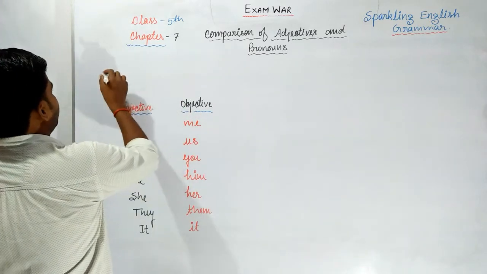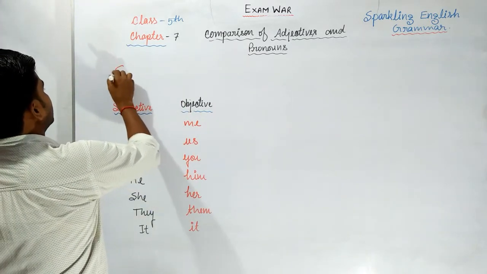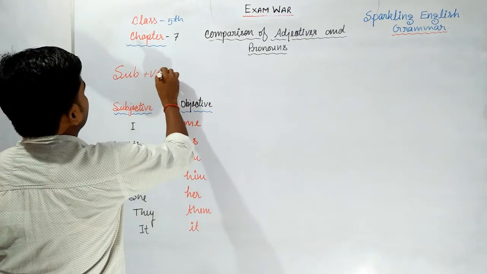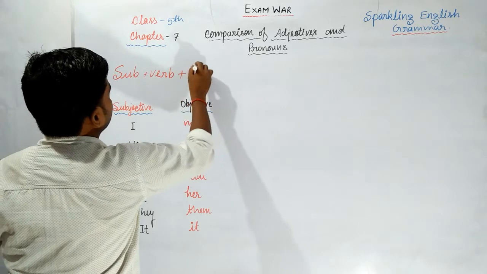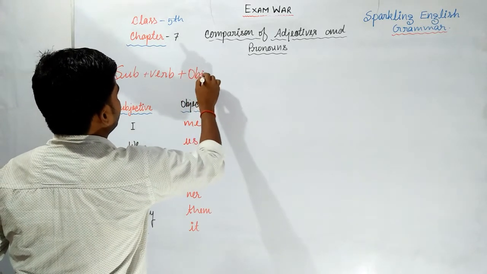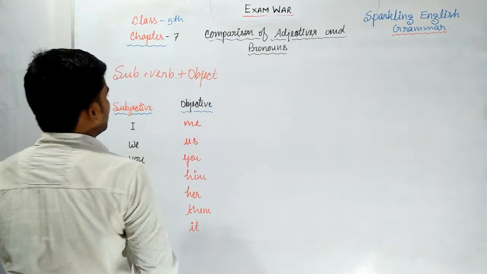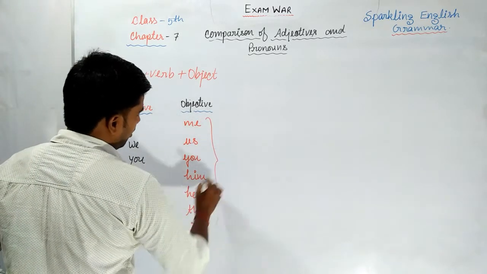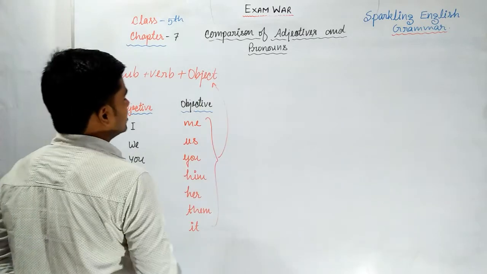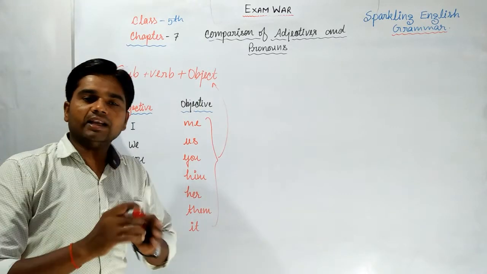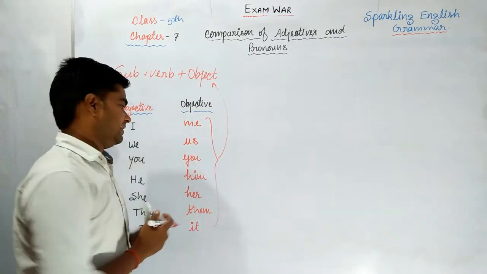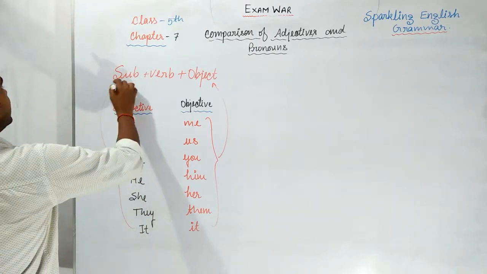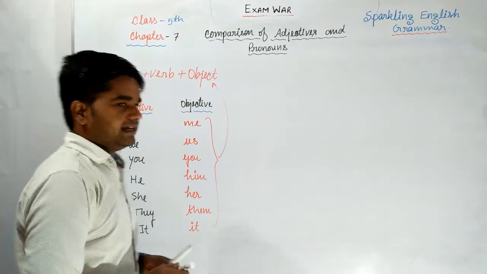So if I write a simple formula for a sentence, first of all we use subject, then we use verb, and then we use object. So dear students, all these words are used as an object in any sentence, and all these words are used as a subject in any sentence.